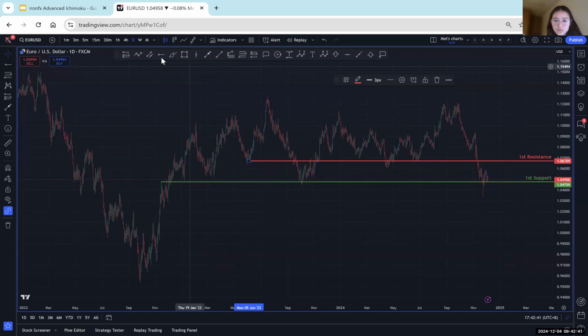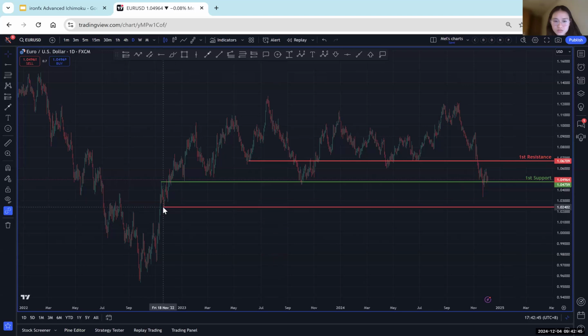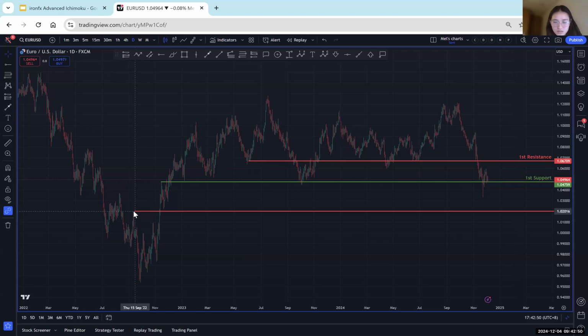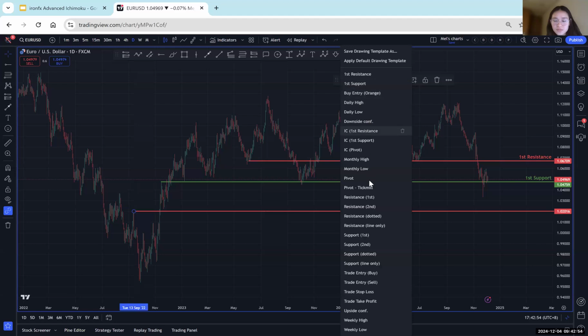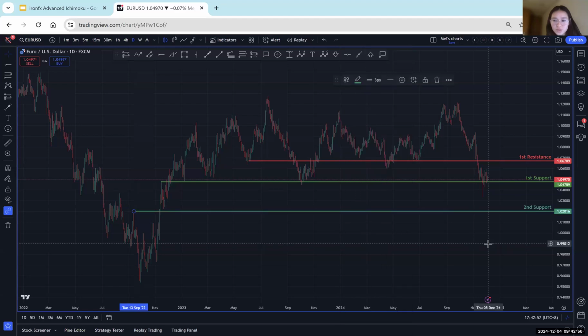And then for my second support, maybe this swing low here. Okay, since it's in line with a swing high as well. This will be my second support.